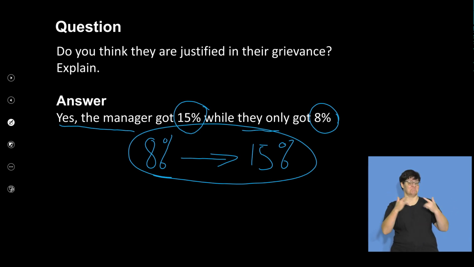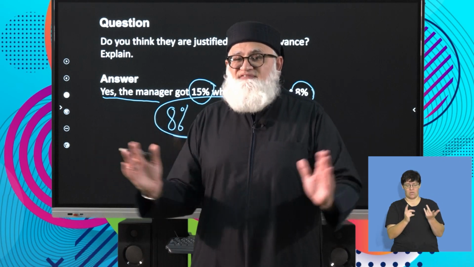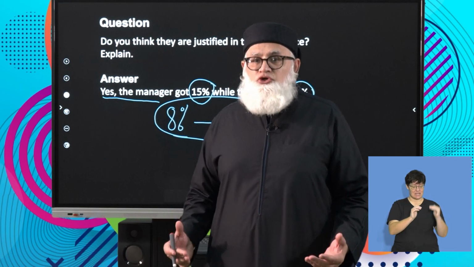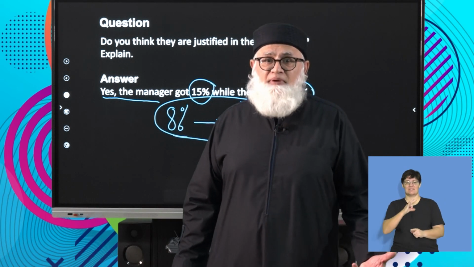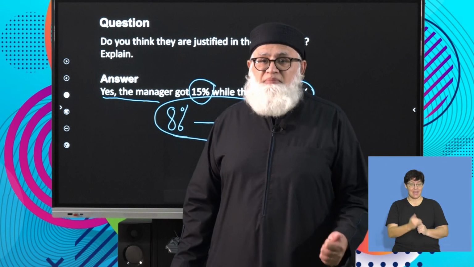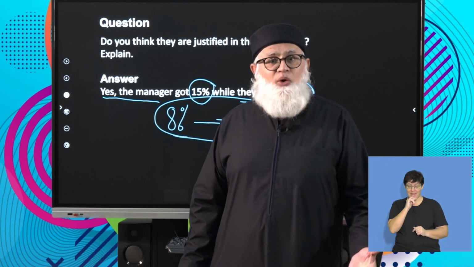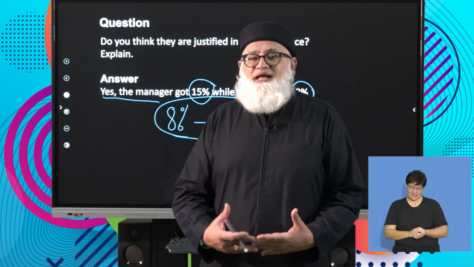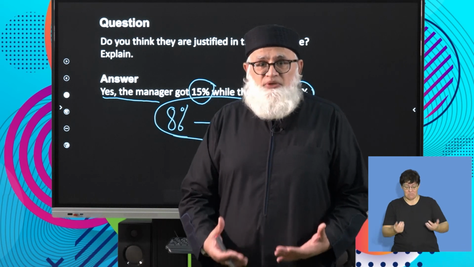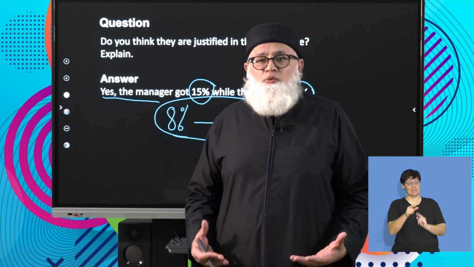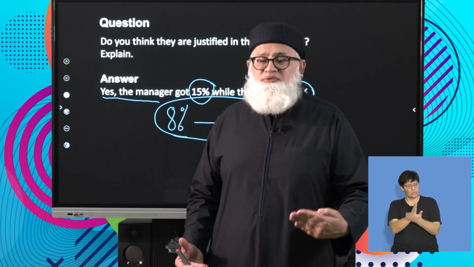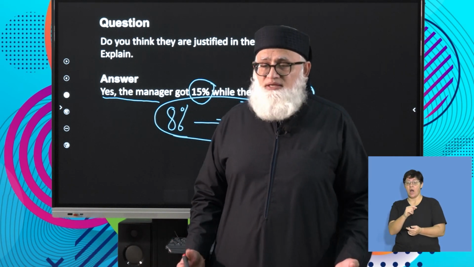What needs to happen is that these two, the 8 and the 15, need to get closer to one another, so that you have a situation where all your employees are happy. Remember, happy employees make happy customers. That's why in any business, when it comes to service delivery, which is so fundamental in our economy today, we have to ensure that our consumers are kept happy at all times.